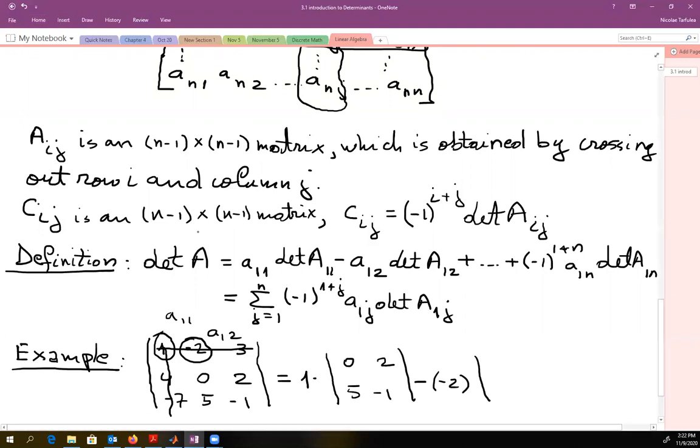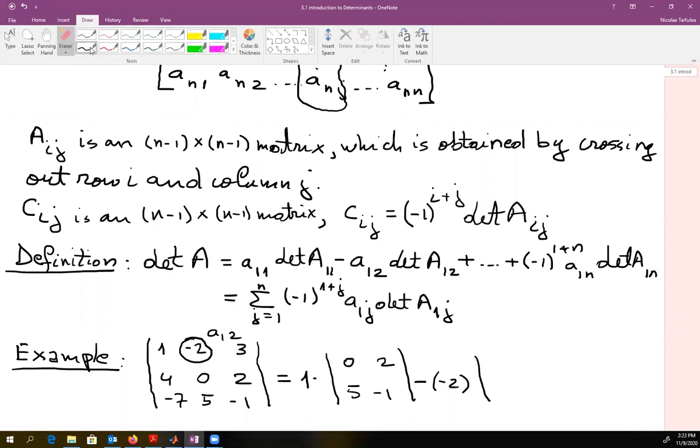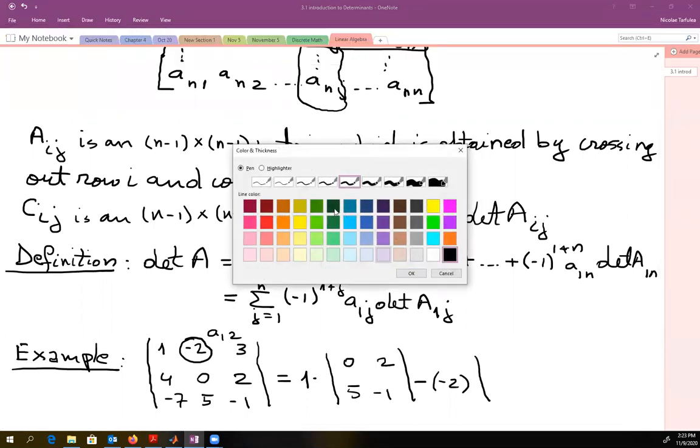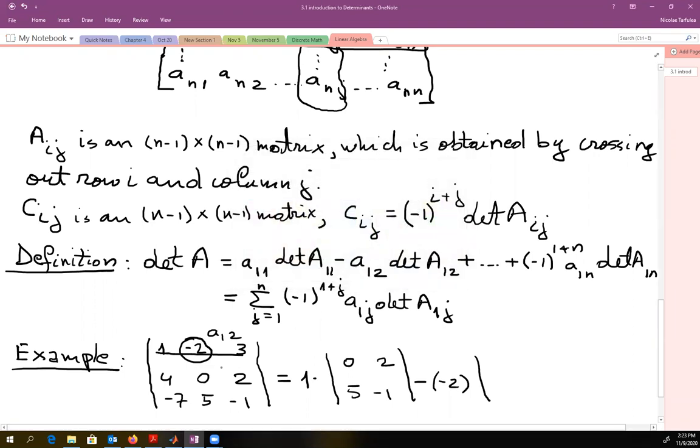Maybe let me see if I can erase a few things. So I can erase this. Now this one. Okay, perfect. So now I cross out this and this, right? And here I have 4, 2, -7, -1. It's a two-dimensional determinant that I know how to compute.